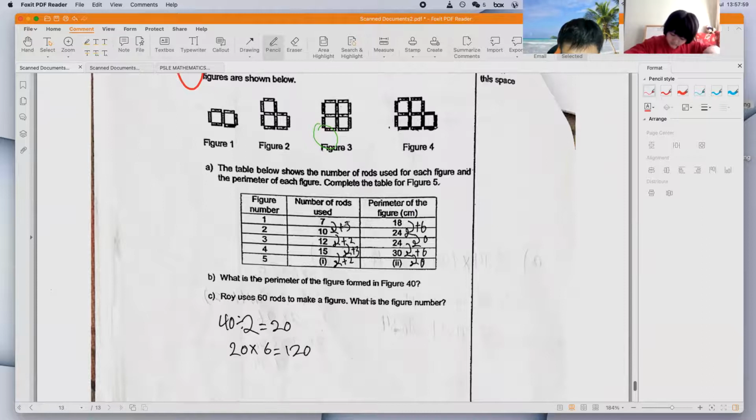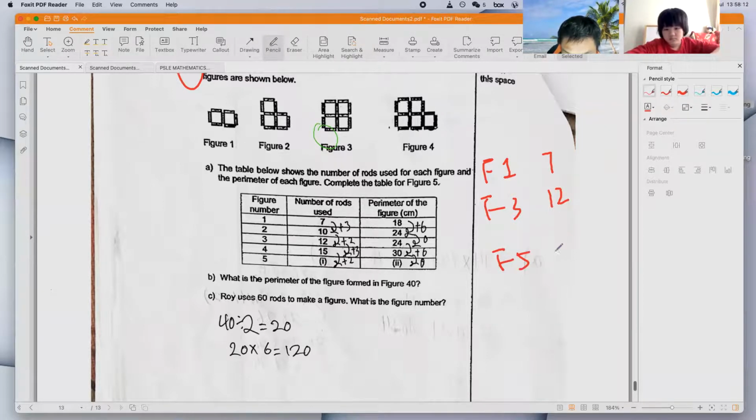Simple. Okay, what I see is figure 1 is 7. Figure 3 is 12. Figure 5 is 17. Yes.